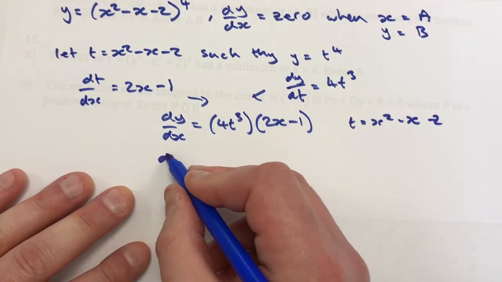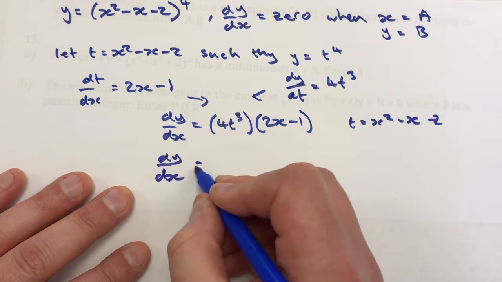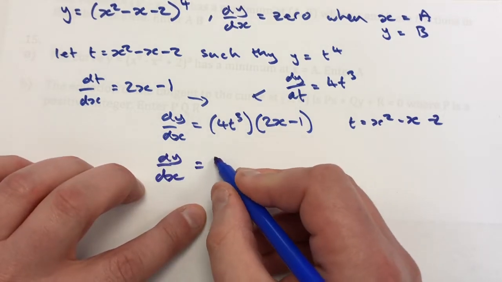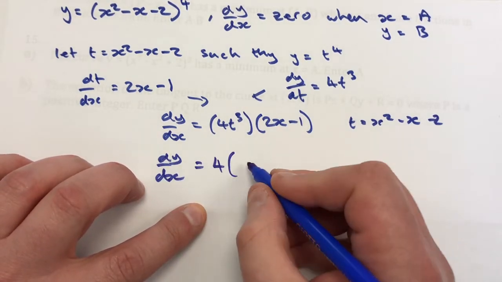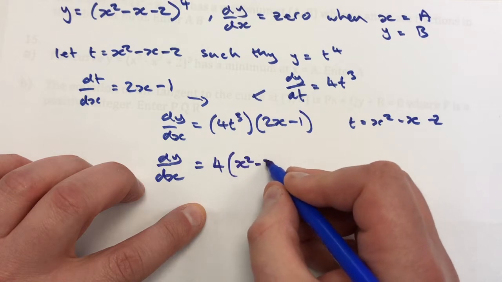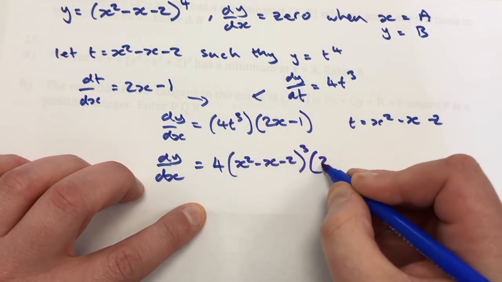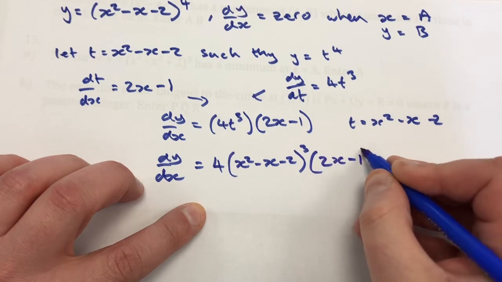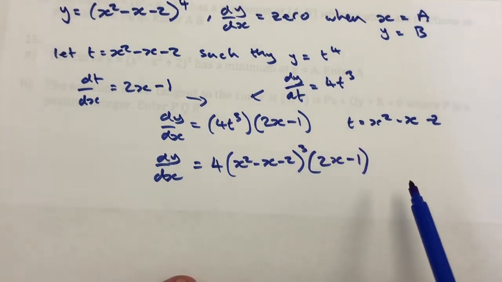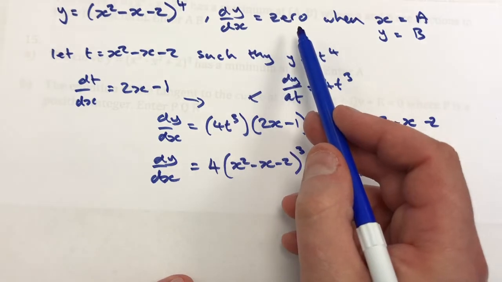So we have dy by dx equals 4(x squared minus x minus 2) cubed times (2x minus 1), and we want the gradient to be equal to 0.